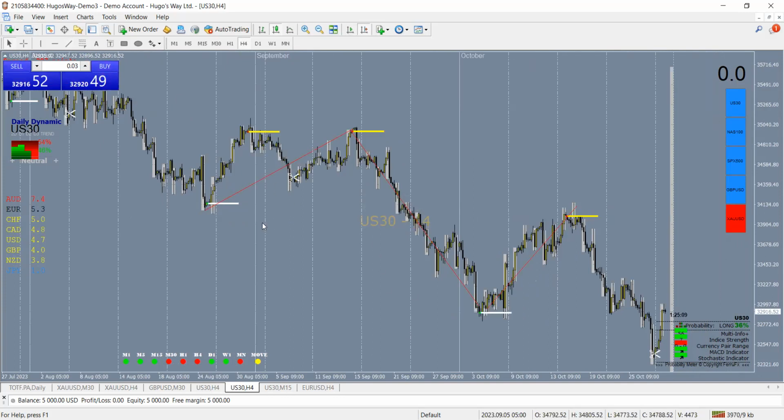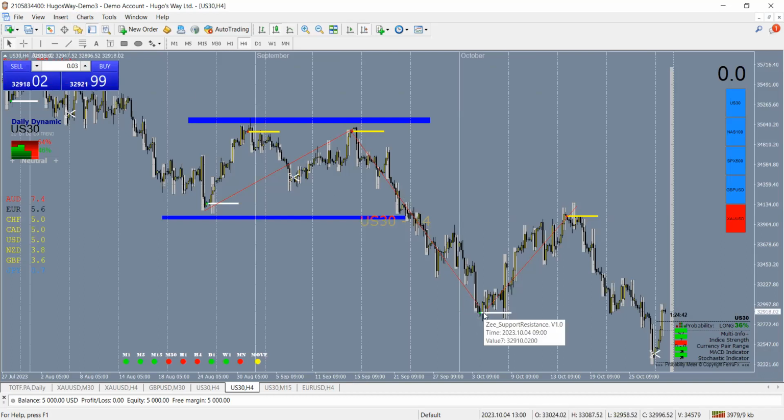So if you look at this, this is a low, lower high, lower low, lower high, lower low, right? So notice once the market broke below this low of this swing, look at what we have. A low, a high, and a break of structure, right?